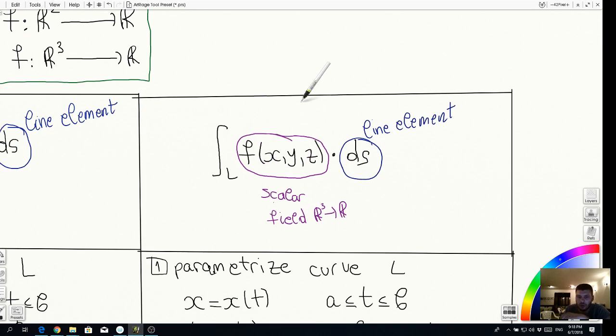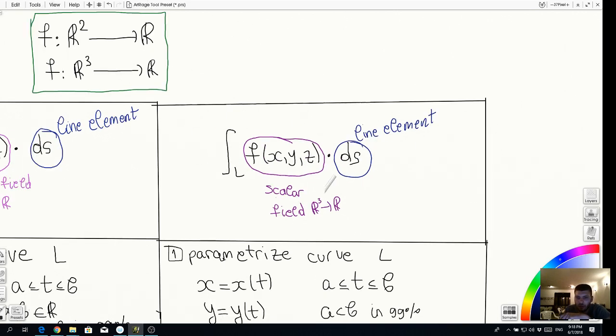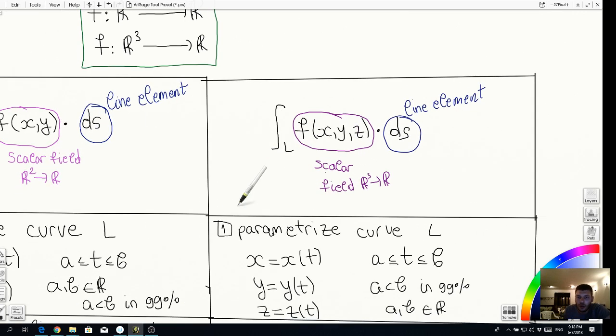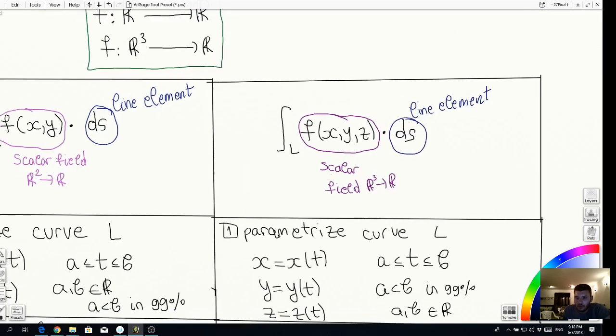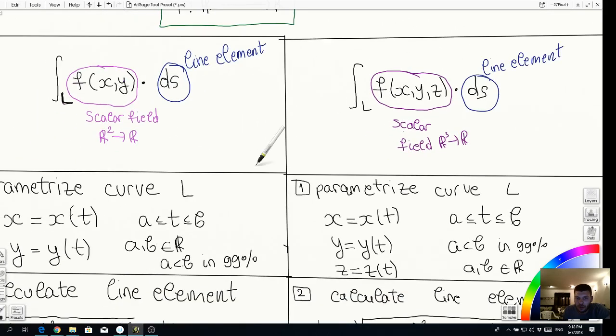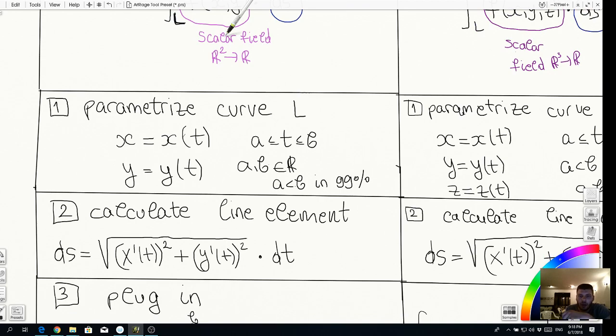This is the notation for line integral of 3D scalar field.